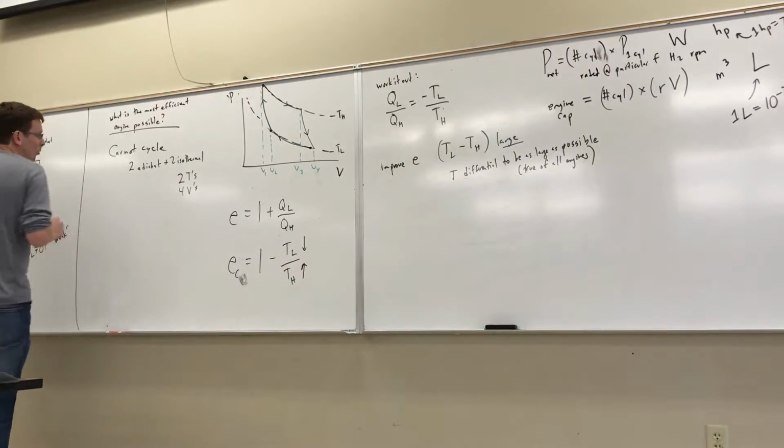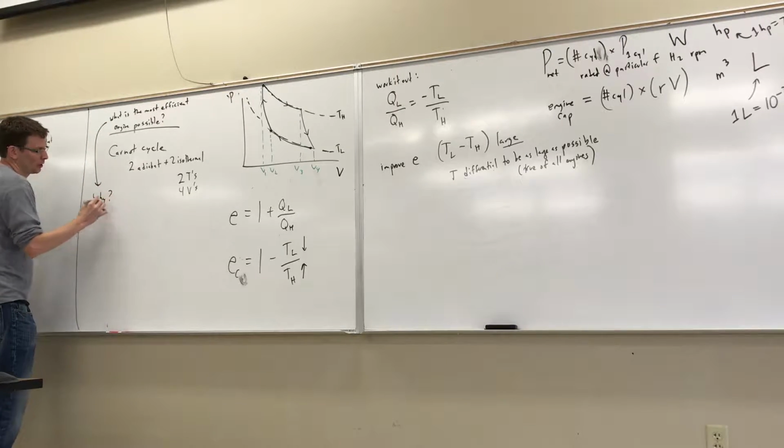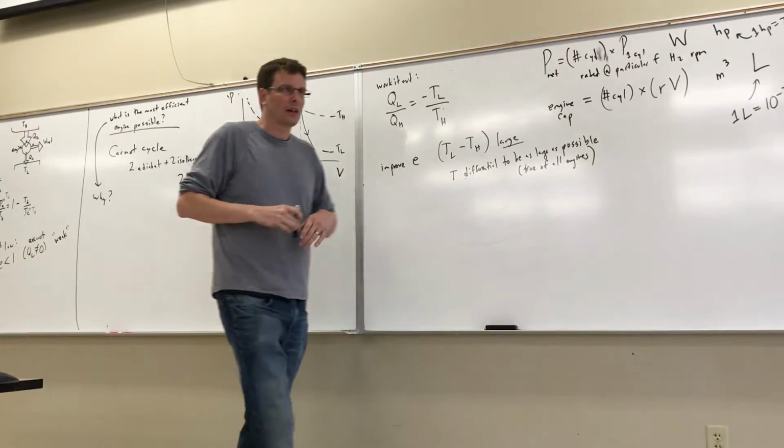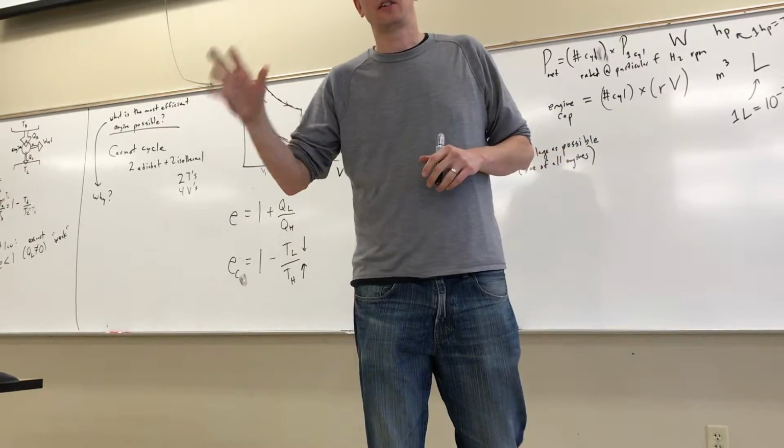So, why is it the most efficient possible? What's that? Because T low is always constant. We don't go back to T. Well, the answer to this is a little beyond the scope of the course.